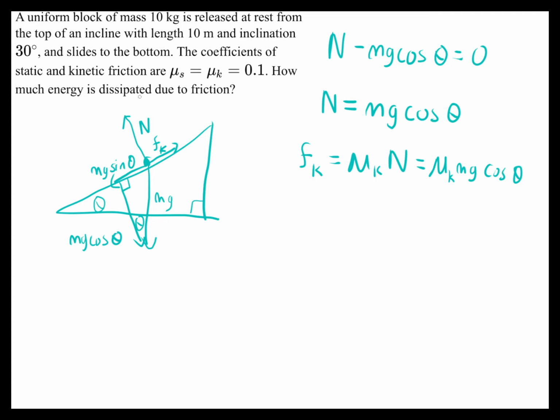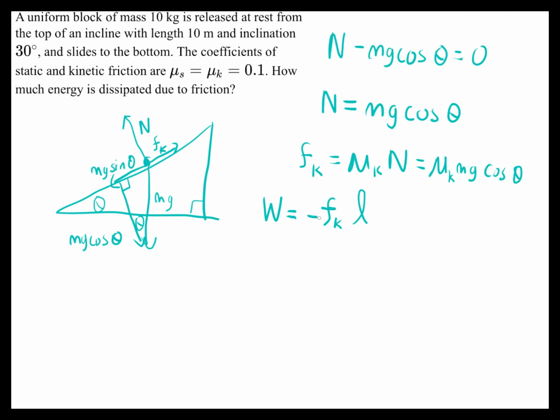Now we need to find the energy that is dissipated to friction. So basically we're trying to figure out the work done by the friction. So the work done by friction is going to be the negative of the force of kinetic friction times the distance, which in this case is the length of the ramp.